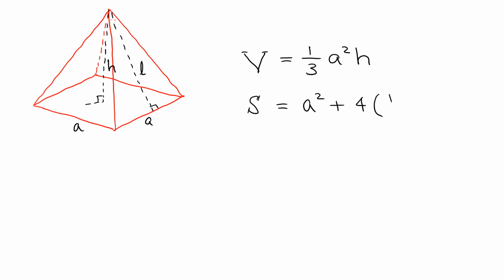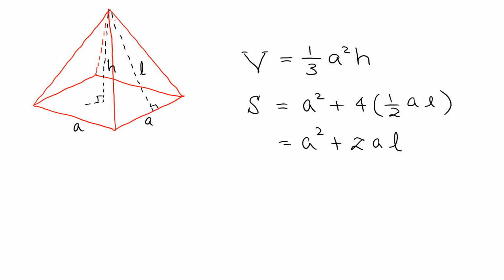Each triangle has half a times L. That's the area of one of the triangles, and then we substitute. When you substitute, you get a squared plus 2a times the slant L.